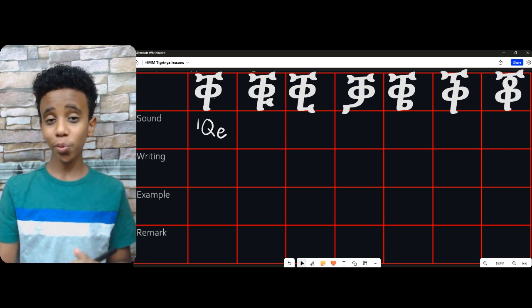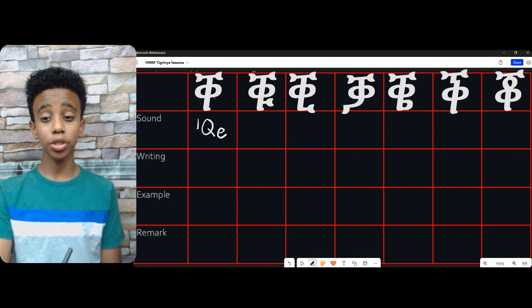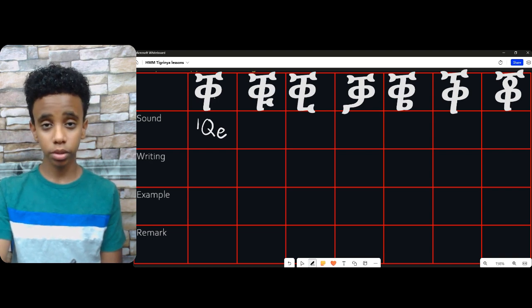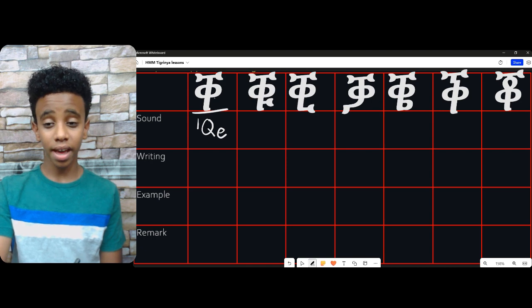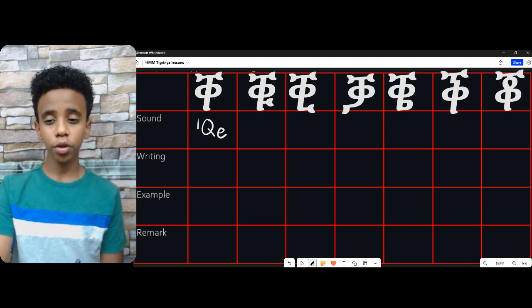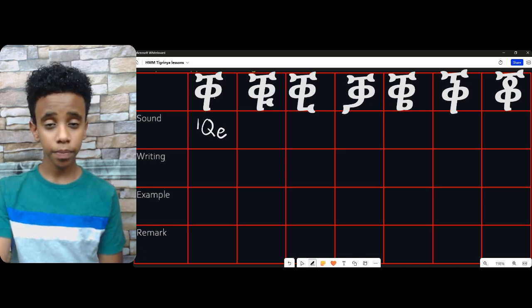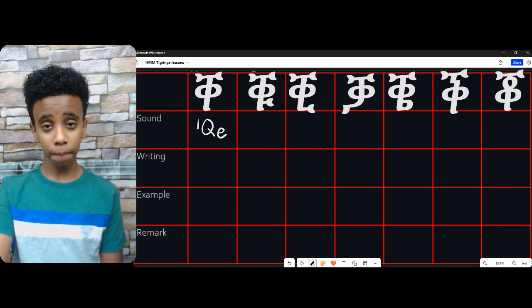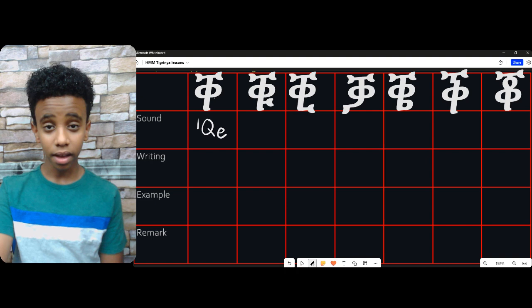But if you were to write shift or apostrophe, which is the way that we symbolized it, QE, you will get the letter kha. But if you just wrote QE, which is how our previous Tigrinya letter set was written, then you will get letter A, not A. There's a difference.